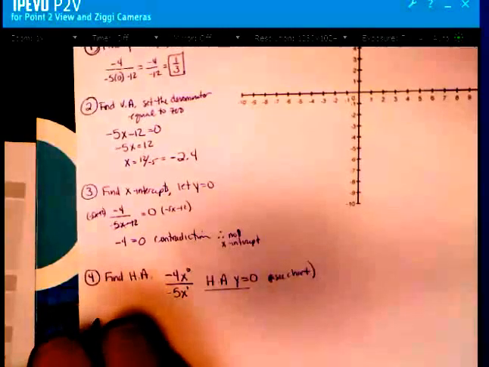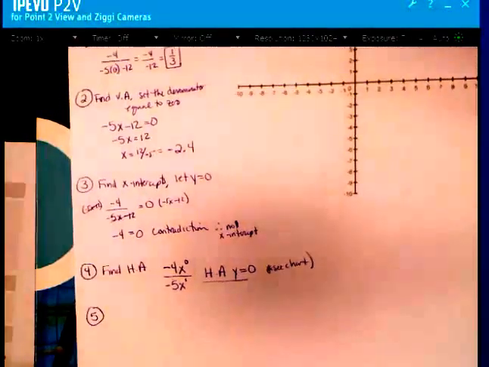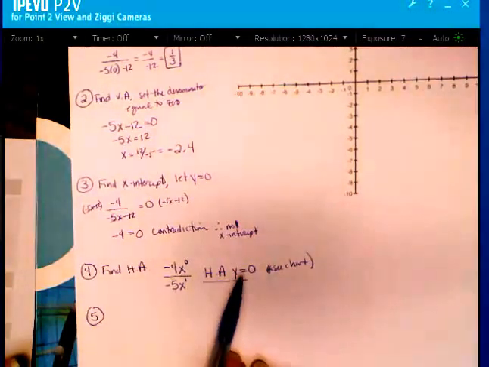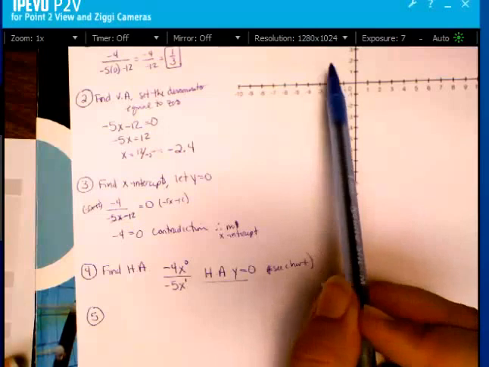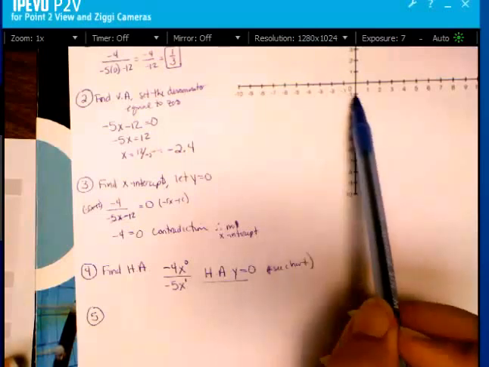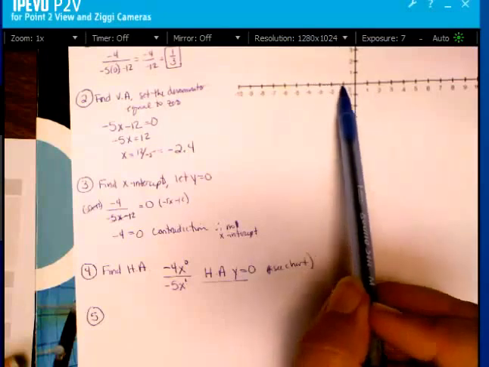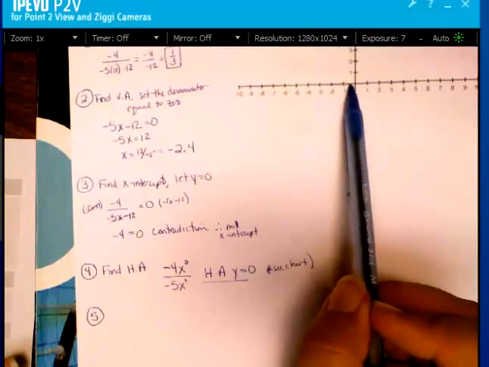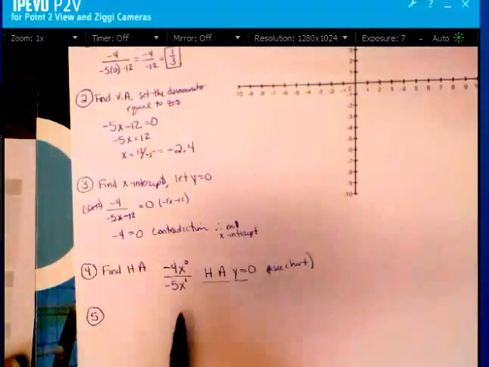The fifth step is to determine if the graph will cross the horizontal asymptote. What that means is we want to know if this graph crosses this horizontal asymptote. Since it's at 0, that means we want to know, does the output equal 0?